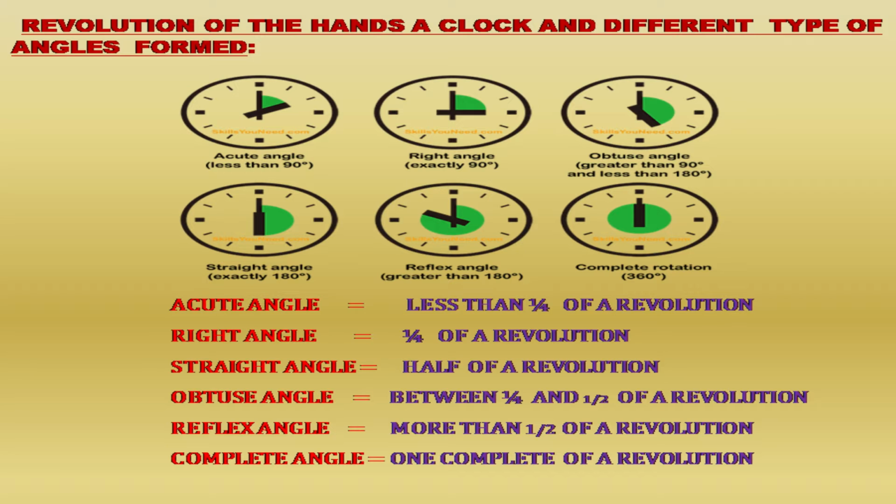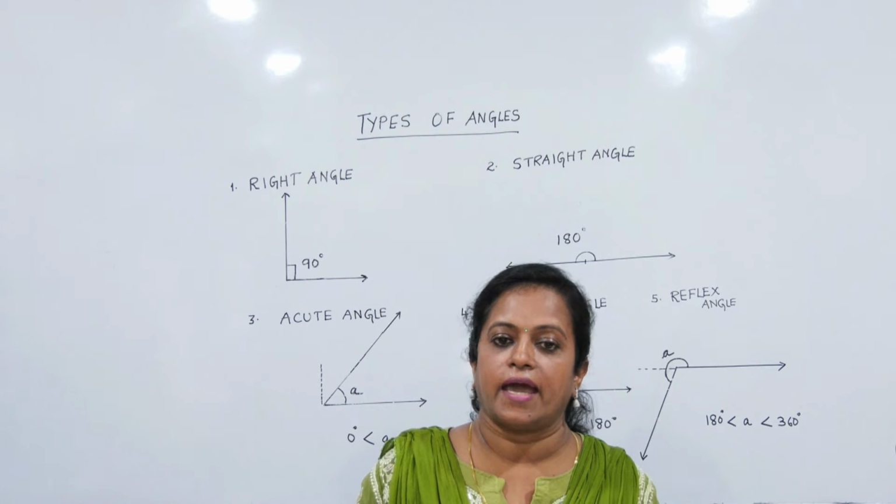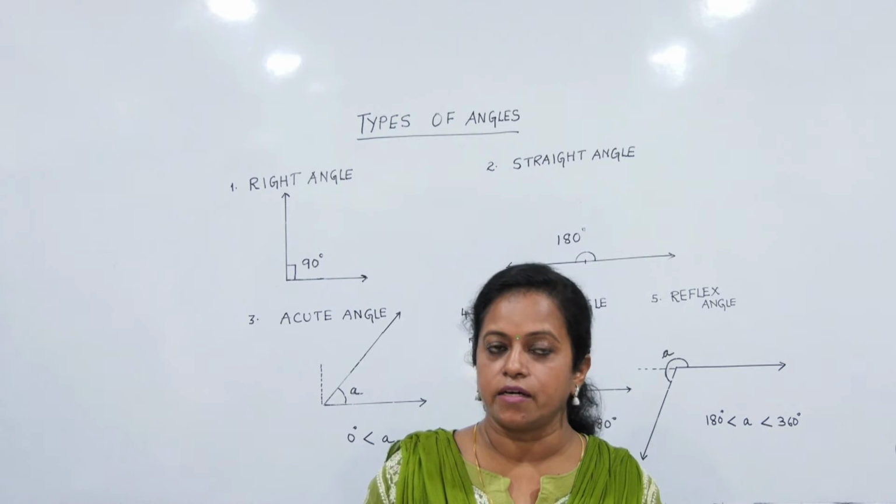When an obtuse angle is formed, the revolution will be between 1/4 and half. When a reflex angle is formed, the revolution will be more than half. And when a complete angle is formed, one complete revolution will be covered. So this was the example of the clock and the different types of angles that are formed.